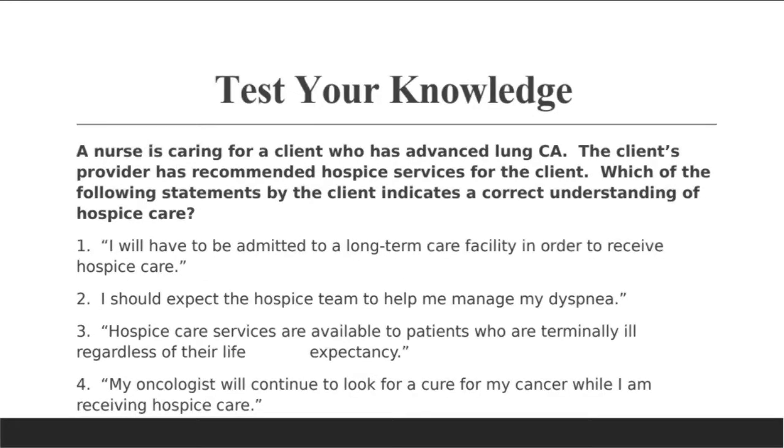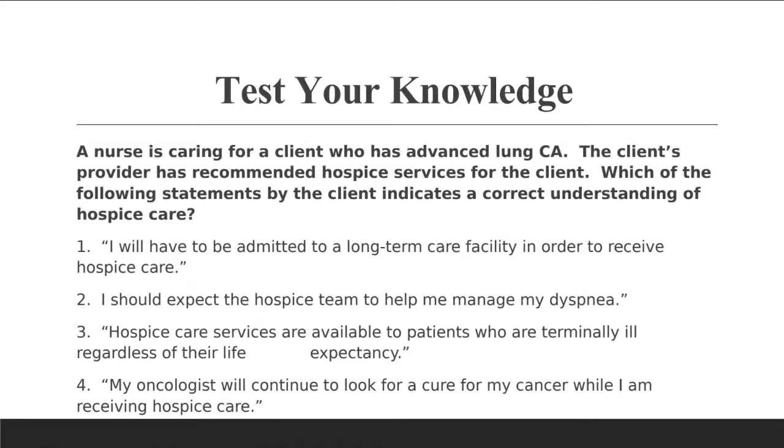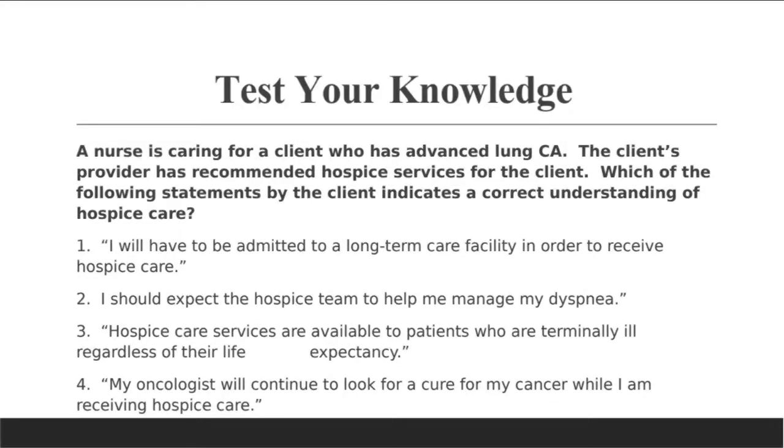A nurse is caring for a client who has advanced lung cancer. The client's provider has recommended hospice services for the client. Which of the following statements by the client indicates a correct understanding of hospice care?